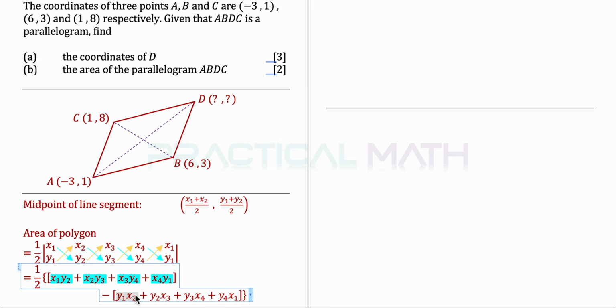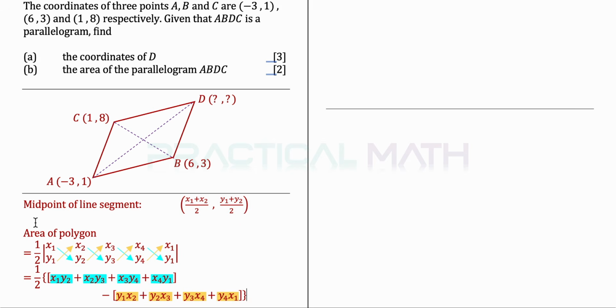So let me just highlight in yellow like this. So what you're going to do is you multiply upwards, y1 x2, y2 x3, y3 x4, y4 x1, multiply upwards like this. And of course, you close all the parentheses like this, and of course, you can then press the calculator.